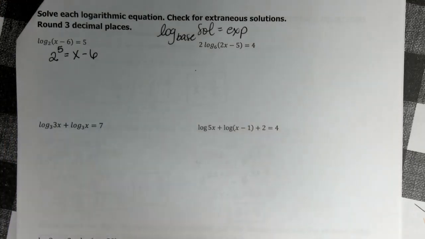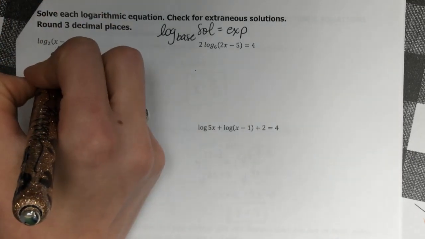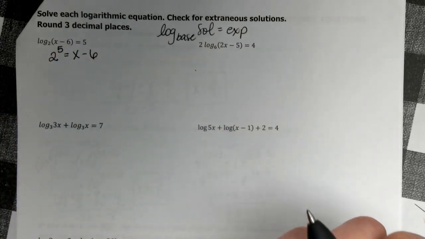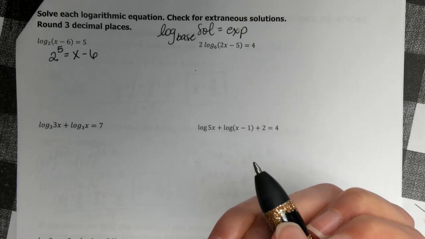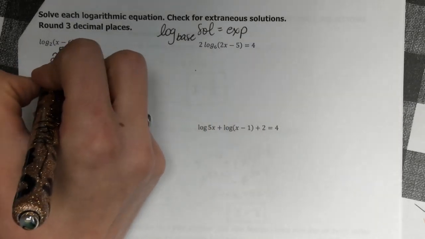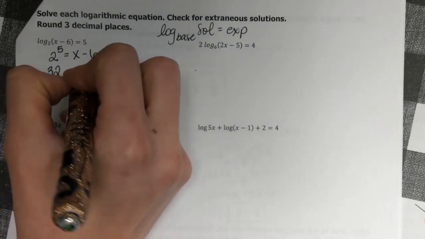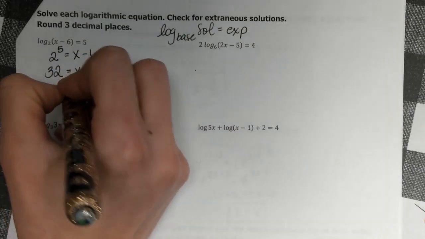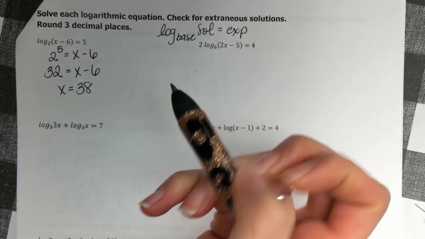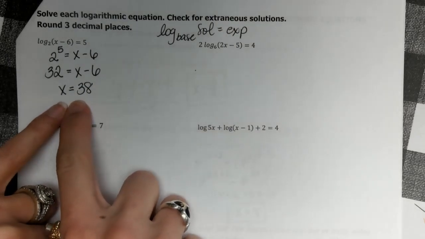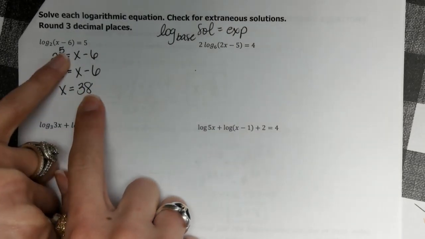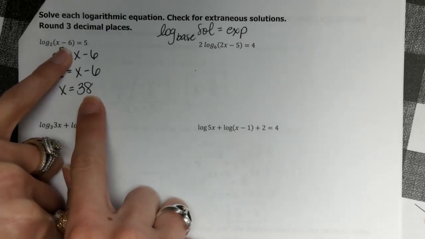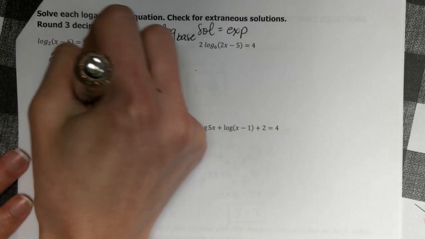Well, 2 to the 5th is 32. So then add your 6 and x is equal to 38. To plug it in, I take 38 minus 6. Is that going to give me a positive number? Yes, so I'm good.